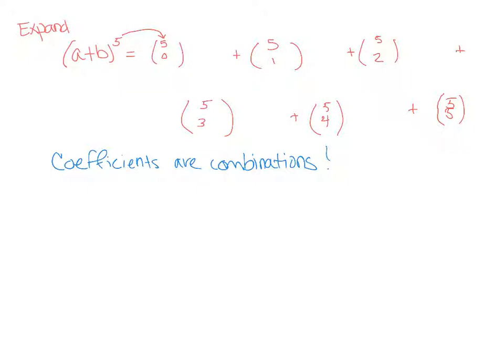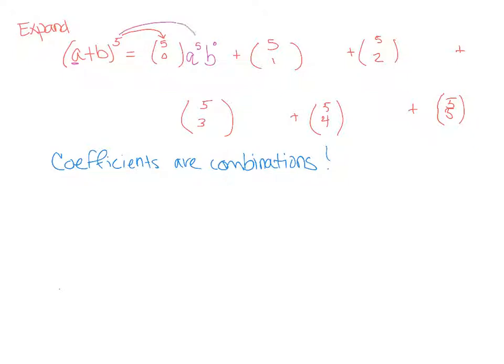Okay, the rest is the first term, a, will start off next, and that will be to the fifth power. And the b will be to the 0th every time.